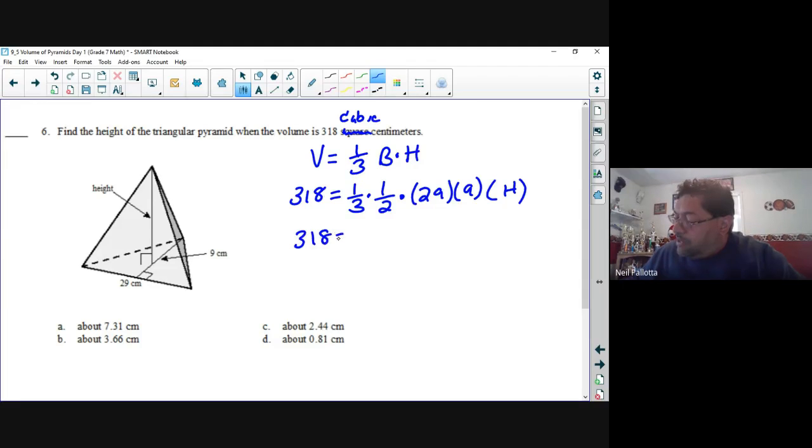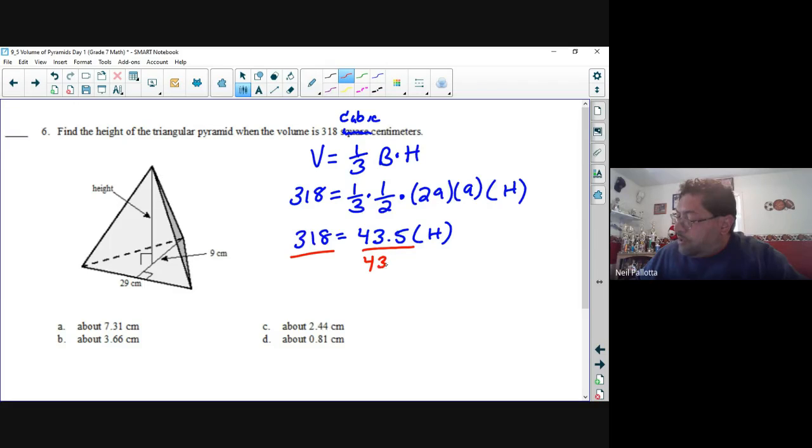So your next step is to find 29 times 9, then divide that by 2, then divide that answer by 3, and we wind up with, let's see, 43.5. We get 43.5 times H, and then you should recognize that you have a one-step equation with multiplication.